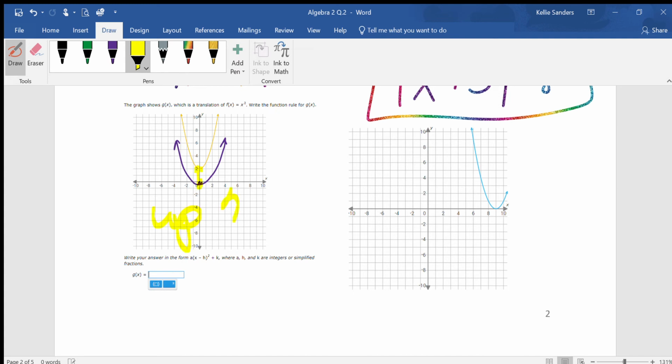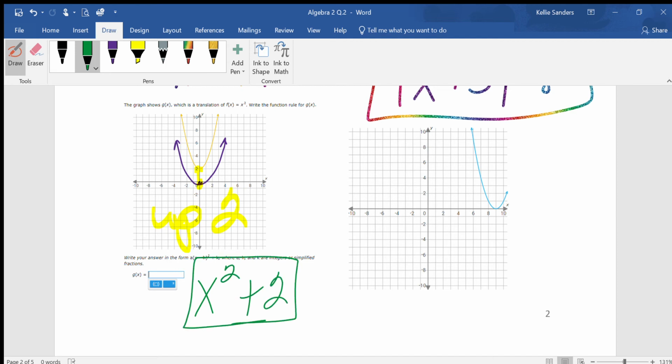We went up 2. Now, on x squared, let me just tell you that that's your answer, and I'll make better sense of that after this next one. So if we were at 0, 0, what did we shift? We shifted 9 right.